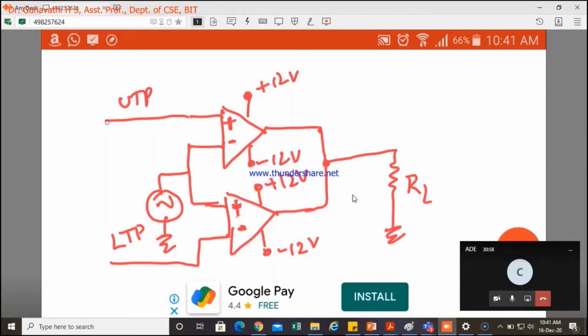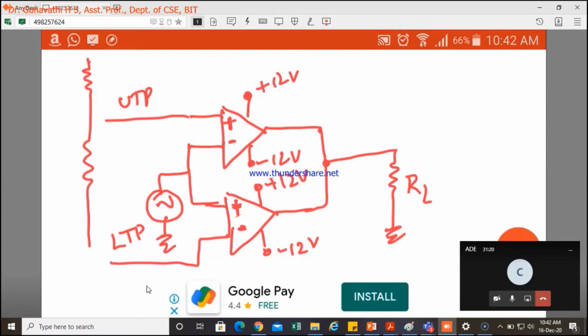But we need to know how to apply the UTP and LTP here, because we need a constant circuit that provides the upper and lower threshold voltages. In a similar way to the 555 timer, we use a circuit of that form.